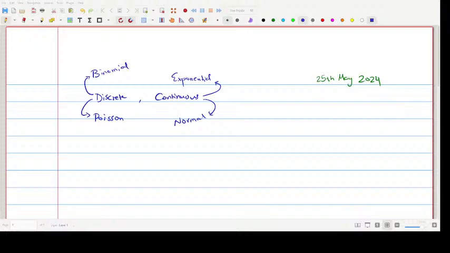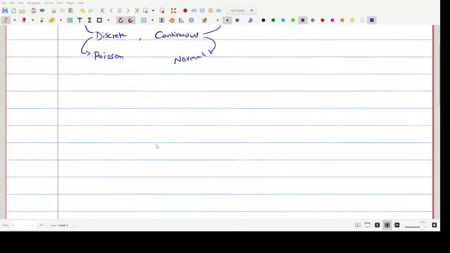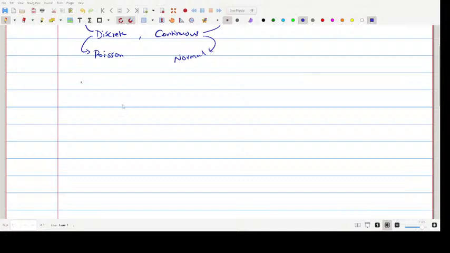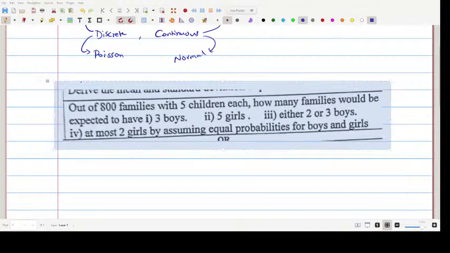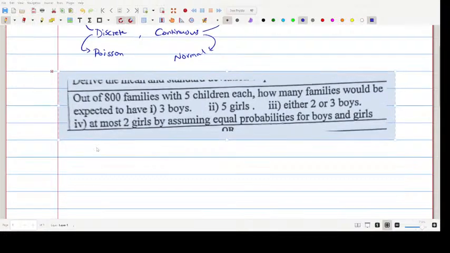The first problem, I have taken a screenshot of from a particular question paper, which is not your question paper, of course, and I am going to share that here in front of you. So this is the question. I hope you can all see the question.